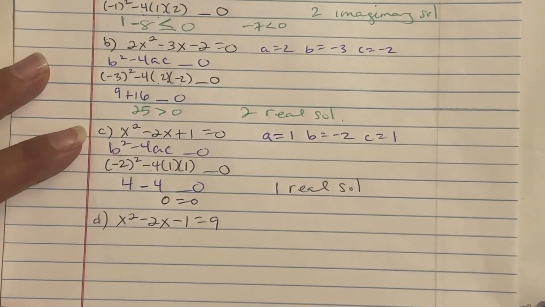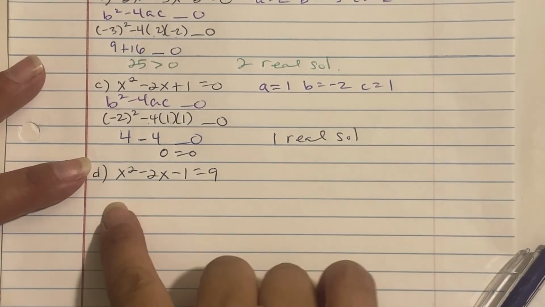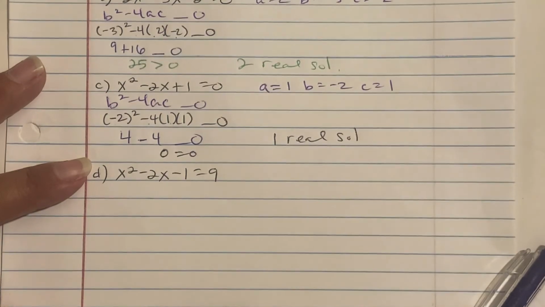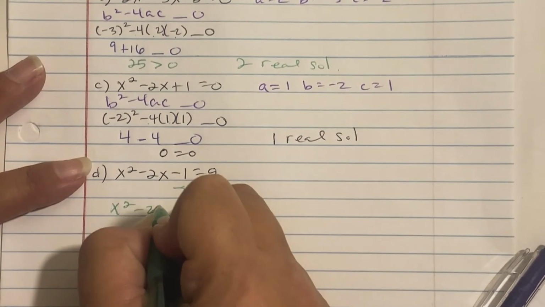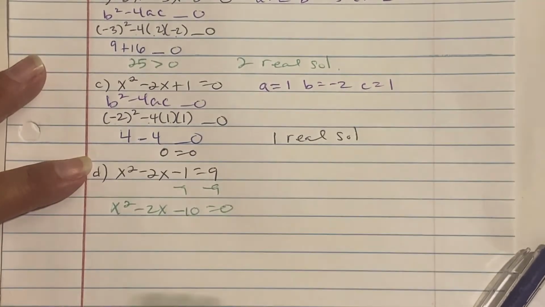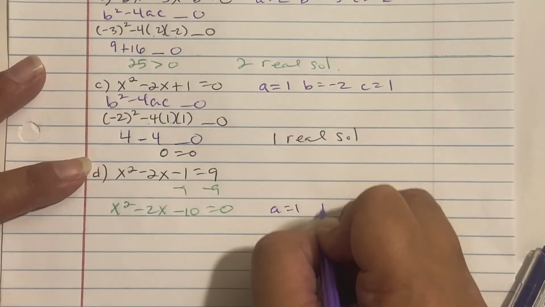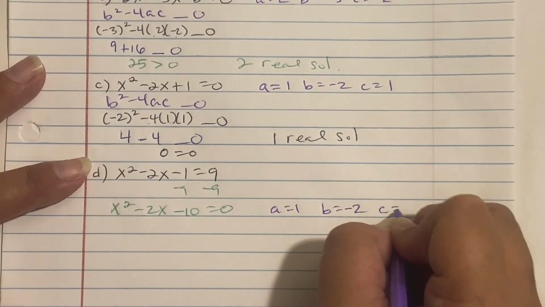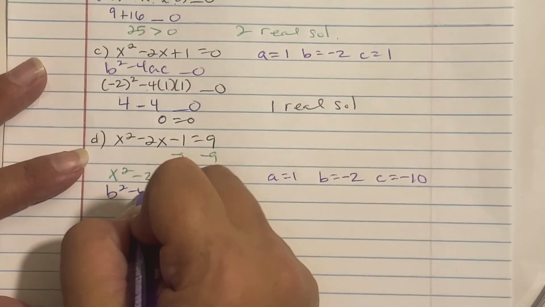On D, before we can do anything, make sure that everything is to the left. So we have to subtract the 9. So we have x squared minus 2x minus 10 equals 0. So the A is 1, B is -2, C is -10. So b squared minus 4ac in relation to 0.